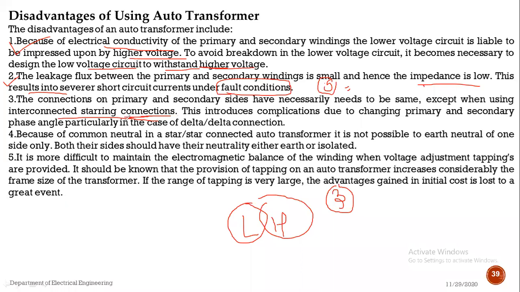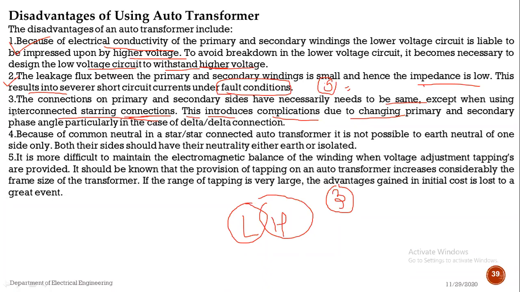Except for that, all other connections should be the same. If not, this introduces complication due to the changing primary and secondary phase angle.